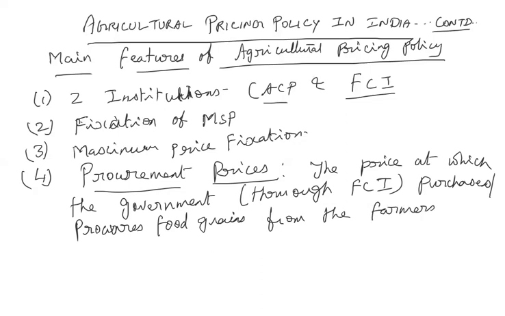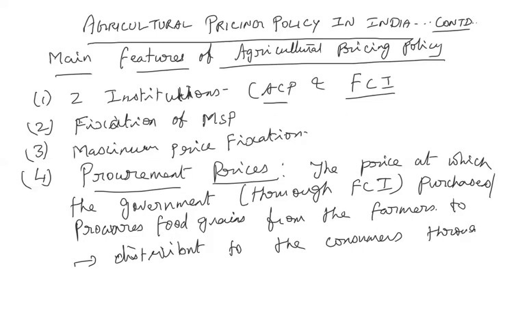After purchasing the produce from the farmers, there are two things that are done by the Food Corporation of India. One is to distribute to the consumers through the PDS. The PDS is nothing but the ration shops.